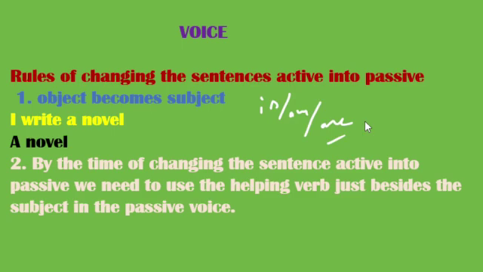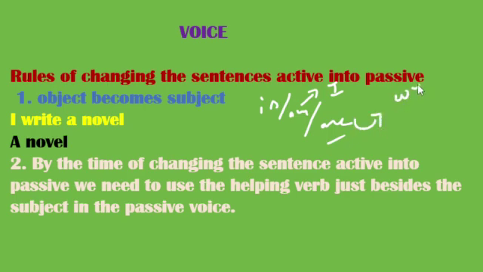If we really want to use a helping verb among these three, first of all we have to know the usage of the subjects with the helping verbs. If you observe, only for I we have to use the helping verb am. What is I? I is first person singular. In the same way, for all plurals, what are plurals?